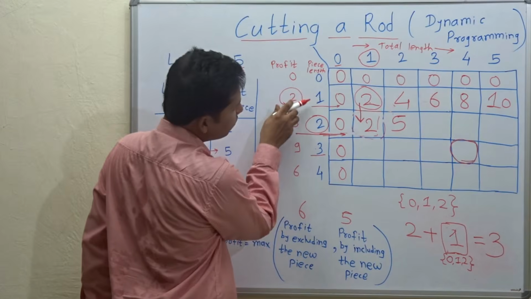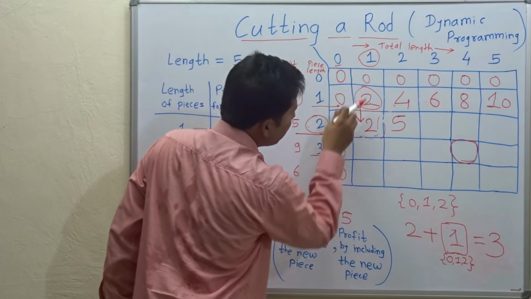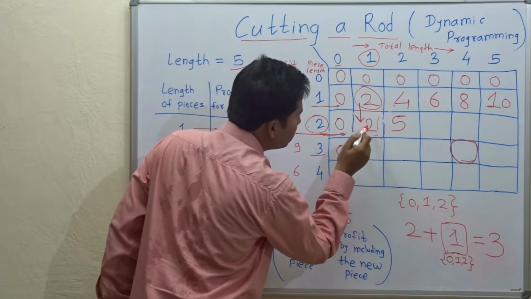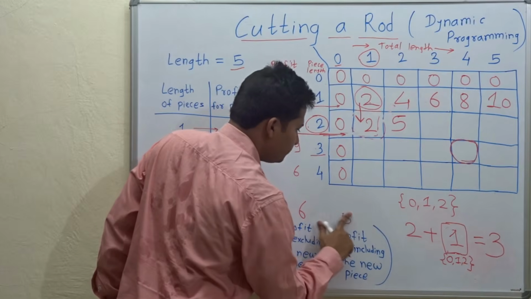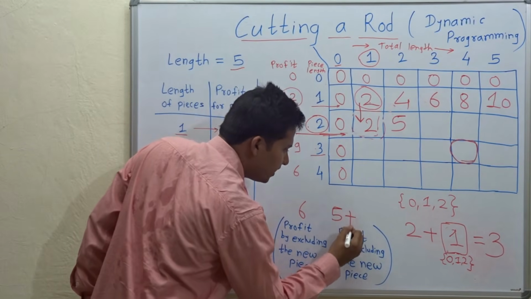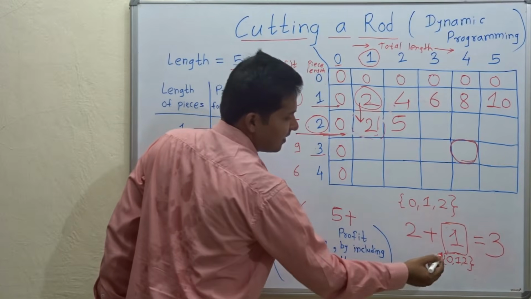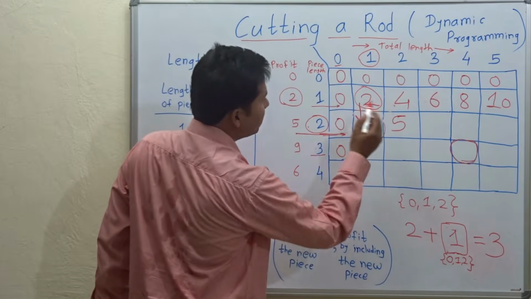By using 0, 1, 2, if you want to make a total length of 1, then the profit is 2. So now when you include this 2, the profit is 5 plus this to make a total of 1. What is the profit?